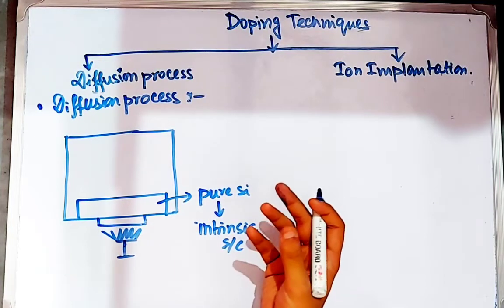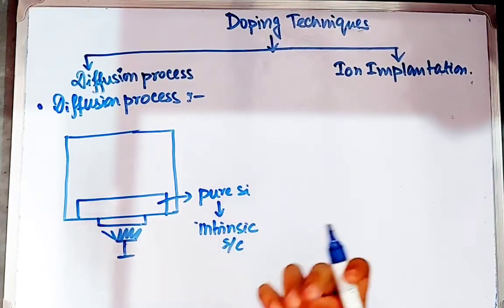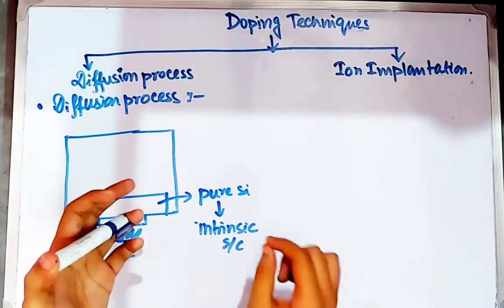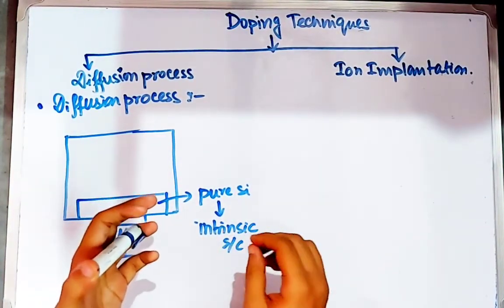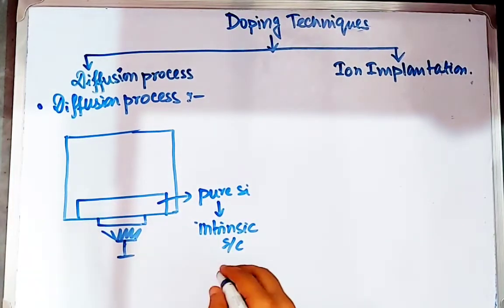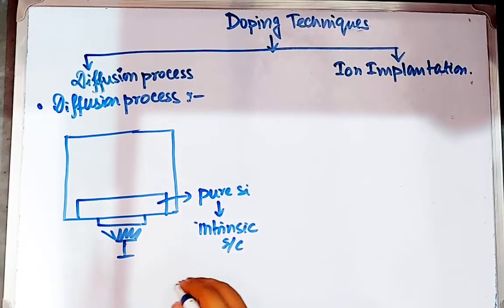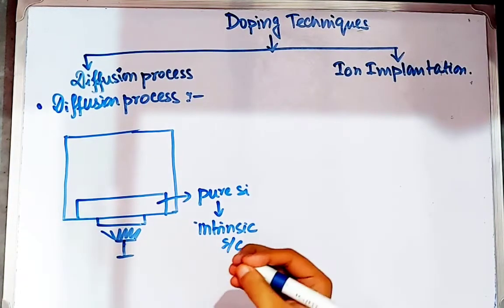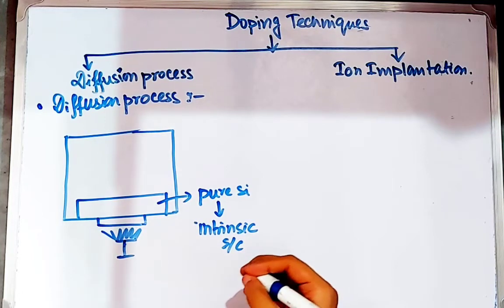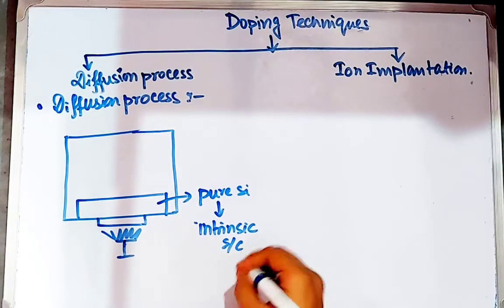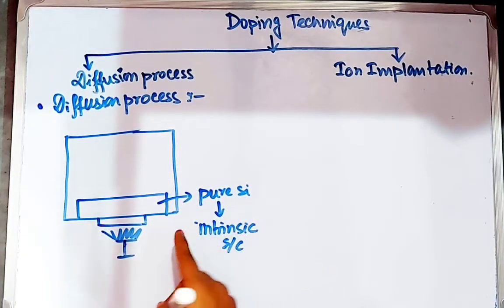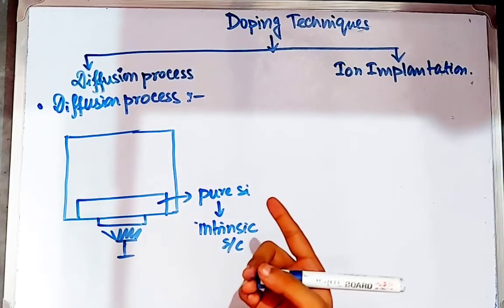Of course we know that in case of n-type semiconductor, the density of free electrons is much higher than the density of holes. So if we add donor atoms within the semiconductor, then if they get ionized, they will donate their electron, and that extra density of electrons will make this silicon bar into an n-type silicon bar.